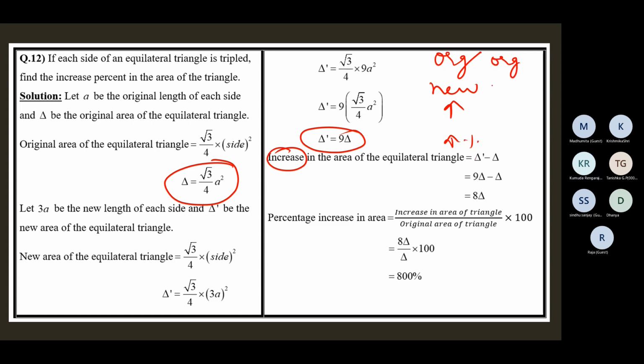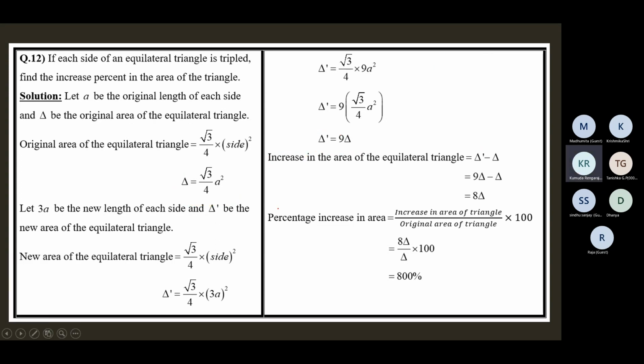So the increase in the area of the equilateral triangle is the new area delta dash minus the original area delta. So it's 9 delta minus delta, which is 8 delta.